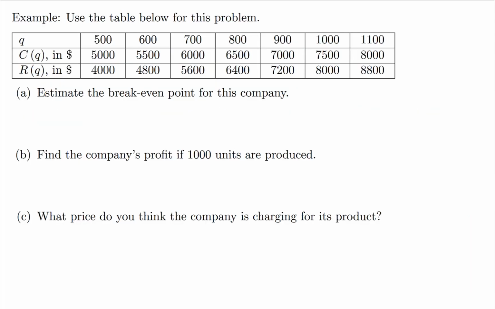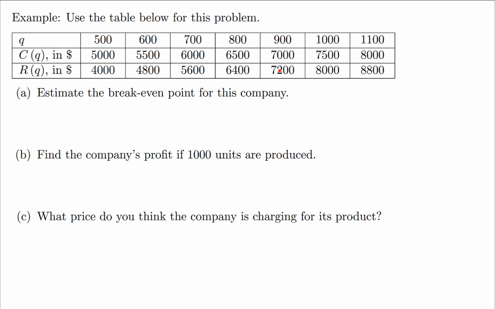For the next example, we're going to try to do this break-even when we're dealing with table data. Remember, the break-even point is going to happen when the revenue and the cost are equal, which we can spot by looking at the data. You'll notice that around 800, the cost is just a little bit above the revenue. But then by 900, the revenue is higher than the cost. As a matter of fact, it was 100 higher at 800 for the cost, and 200 higher for the revenue at 900.